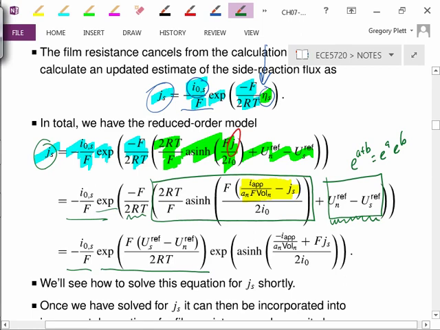And then what's left is the combination of all of this, and the f cancels, the 2RT cancels, and minus a sine h is the a sine h of minus something. A sine h is an odd function, so the negative comes inside, and I have the minus there, and this minus becomes a plus there. I get this whole equation.